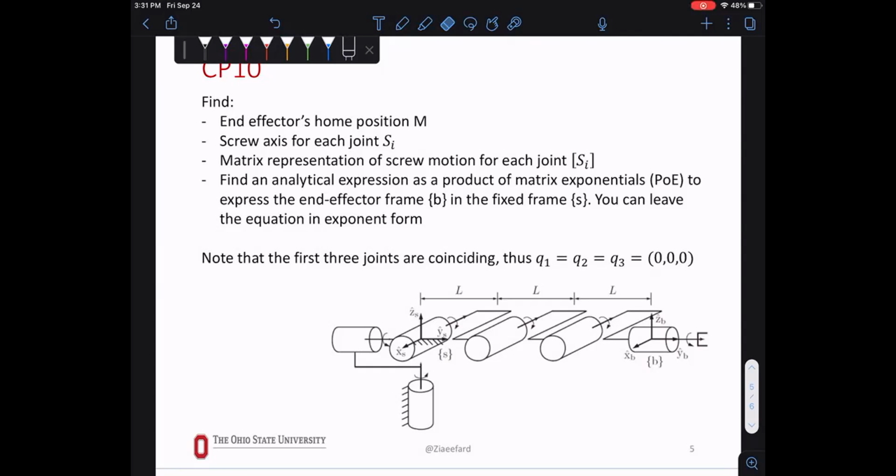So for this one, these three are on top of each other, so ignore this guy. This is just to show you this is connected. These three are on top of each other, and ignore these lines; they are just to show you they're connected. The distance is L between the three of these.